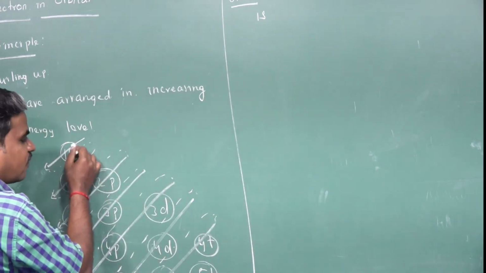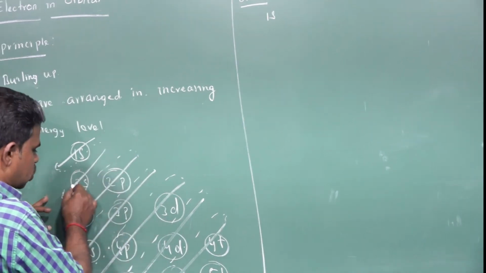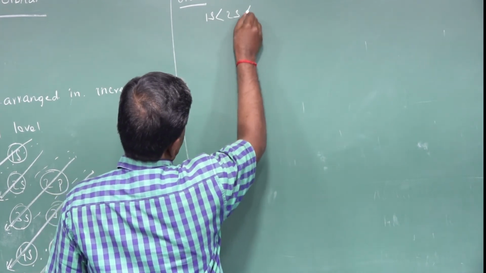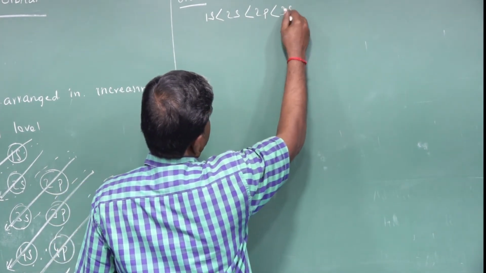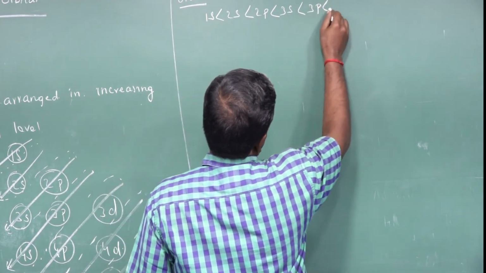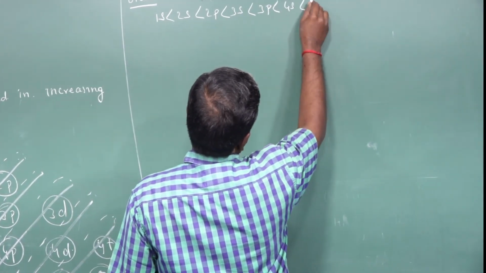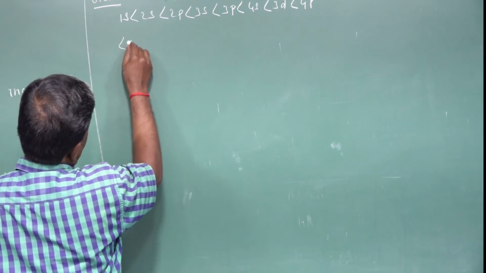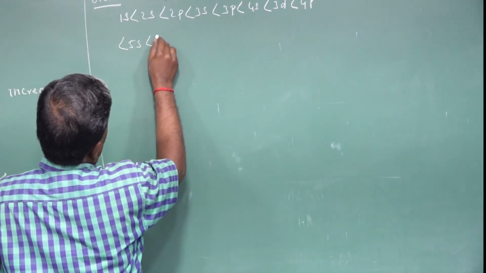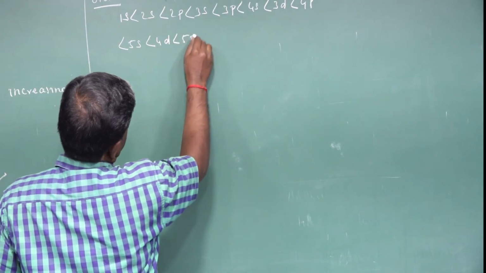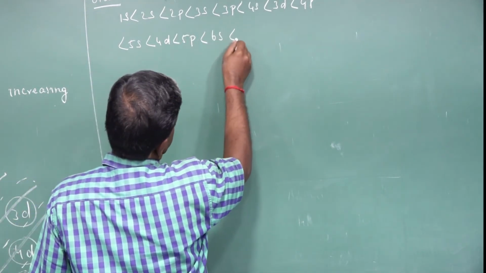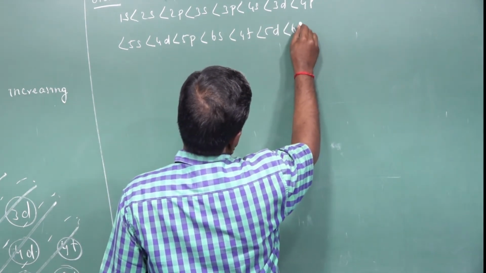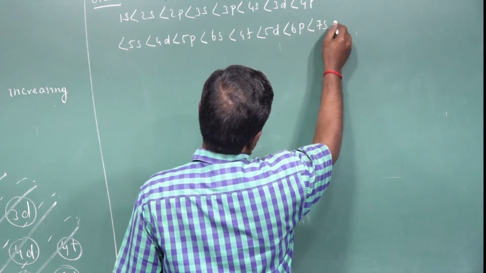So first electrons are filled into 1s, after that 2s, after that 2p, 3s, 3p, then 4s and 3d and 4p, and 5s and 4d and 5p, and 6s and 4f, and 5d and 6p. After that it is 7s.